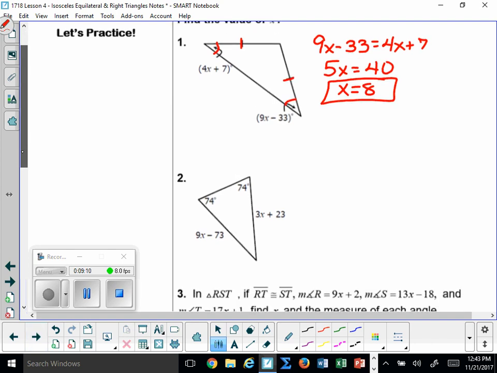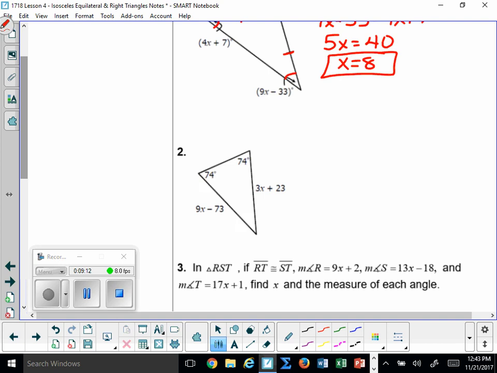All right, in number 2, I have two angles that are congruent. And that means the sides opposite them are congruent, right? This is base angles converse. Whereas number 1 was base angles theorem.